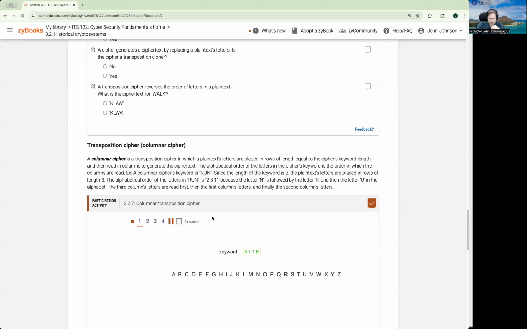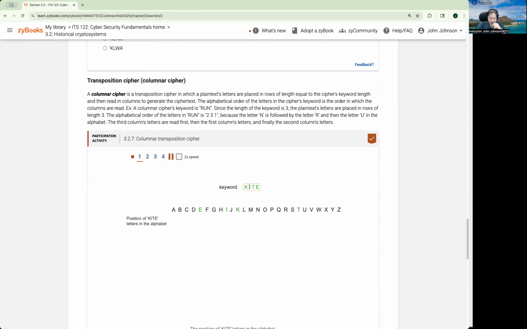So let's go ahead and look at the example over here. The keyword is KITE, K-I-T-E. So when you look at KITE over here, in terms of what these map out to, we've got the E, that's going to be number 1. We've got the I, that's going to be number 2. K is 3, and then T is 4.